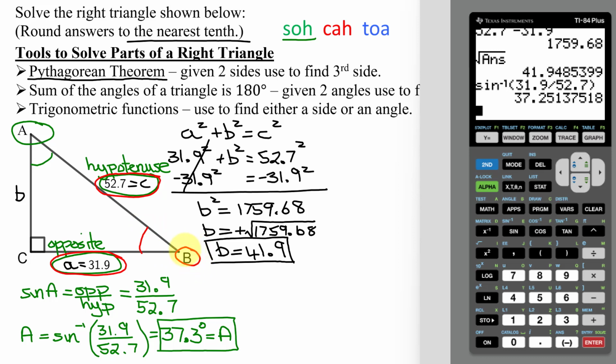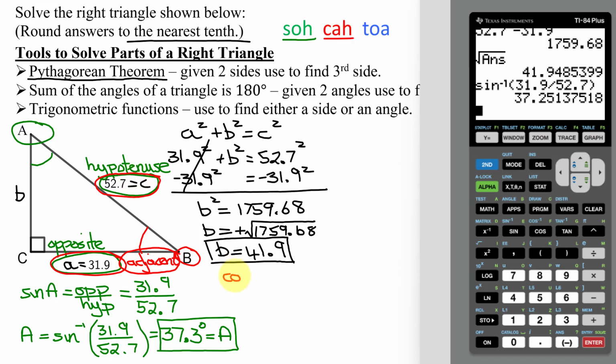Now remember, in this case, A is not the opposite side for angle B. A is going to be the adjacent side. But C is always going to be the hypotenuse. So which trig function involves adjacent and hypotenuse? That's cosine.